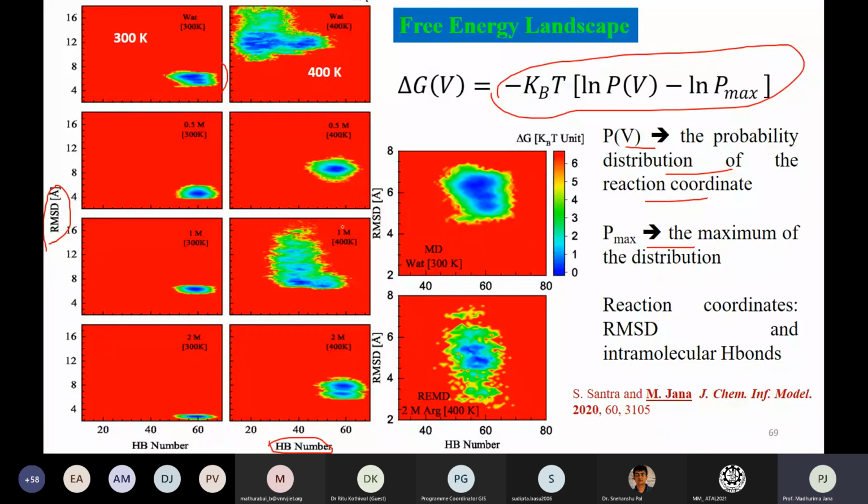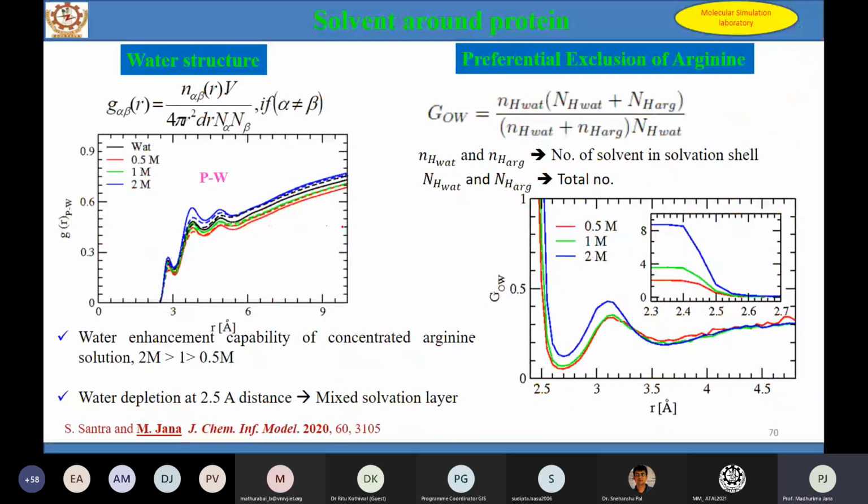Okay, so I think I am almost done with the time. These are several other solvent properties around the protein. One can calculate the preferential exclusion phenomena. One can see the solvent structure around the macromolecular system. The more the structure, the more closely packed it is, and this parameter can be directly correlated with X-ray diffraction studies.